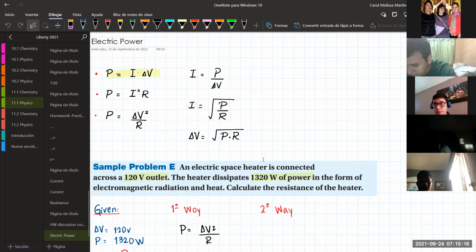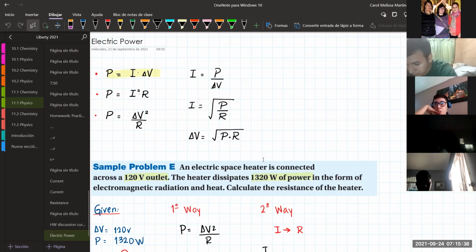I can use one or another. Doesn't matter. Ah, no, I'm supposed to be looking for resistance, so I cannot use this one. I know the resistance now because I found it, but supposedly you don't know it. So I'm going to use the first equation, okay? Finding current, and once you have current, you can find the resistance.